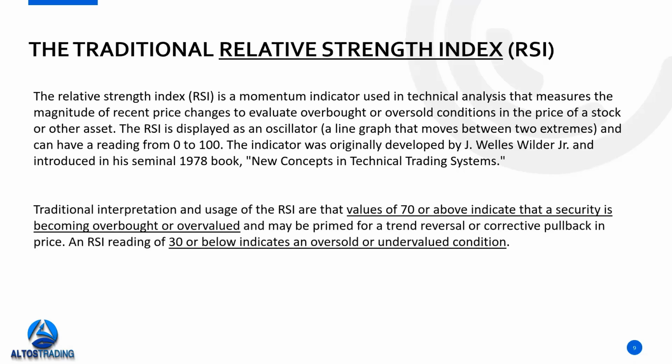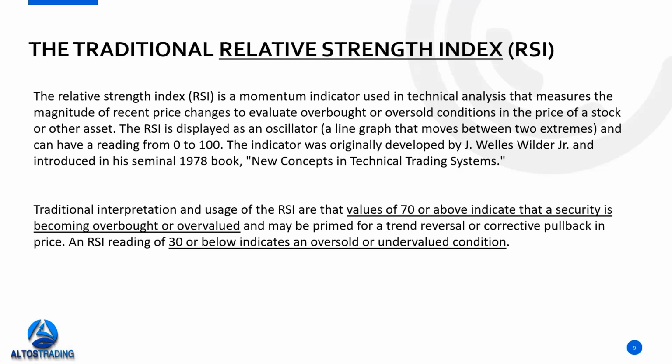So if we look at the traditional interpretation and usage of the RSI in terms of how we would use it to evaluate whether an asset is overbought or oversold, typically a value over 70 would indicate that the security has become overbought or overvalued. And a lot of people will consider that an opportunity to either exit a long trade or look for a short opportunity, because it may tell us that the security is primed for a trend reversal or correction.